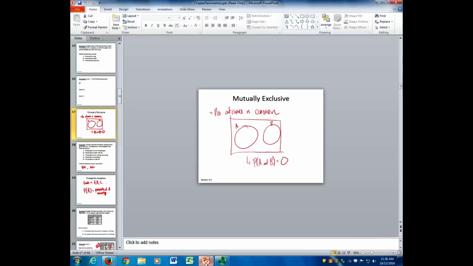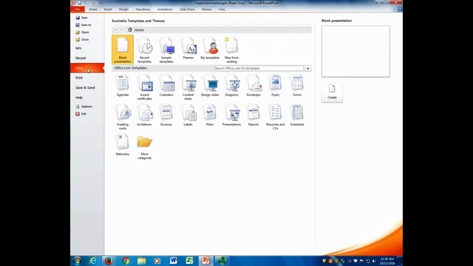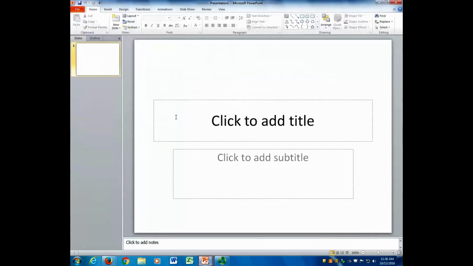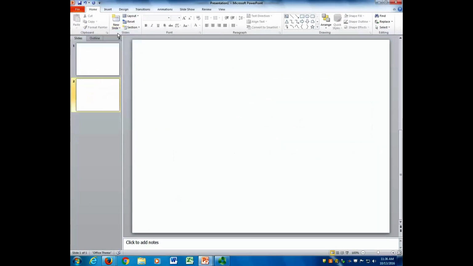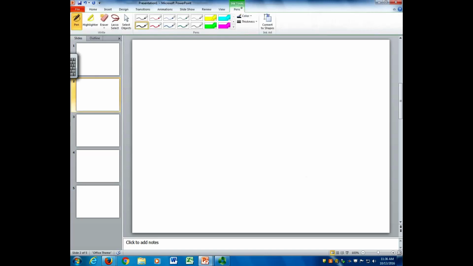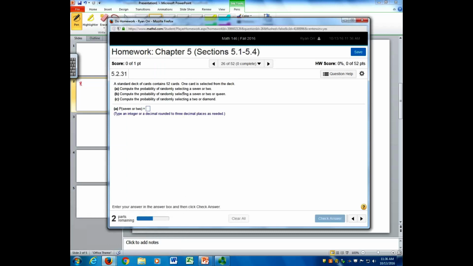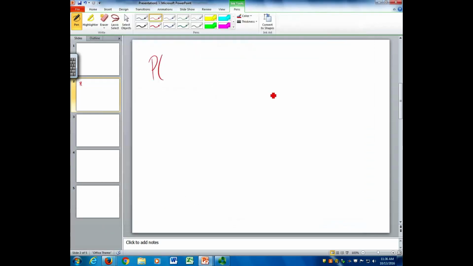So for probabilities, we're going to go with the basic definition of probability, which says we just need to do the number of possibilities divided by the outcomes. So here we got 52 cards, and it wants to know the probability of, like B, for example, 7 or 2 or queen.